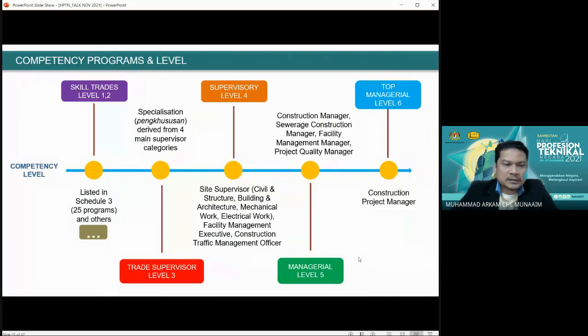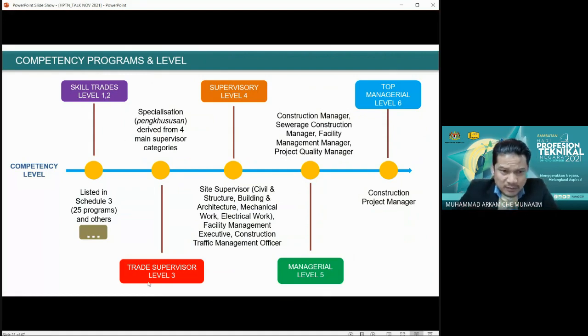Okay, competency level. We'll start at level 1 and 2 as the skill trades level, listed in Schedule 3, about 25 programs altogether. We have the programs later in the next slide. From here, they will be awarded level 2 and level 1 only. Normally, it will be conducted by ABM.